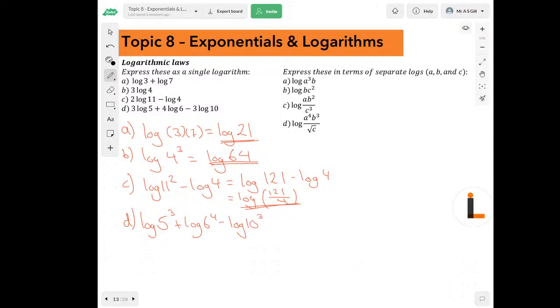So the first thing is to bring all of the coefficients of the log up and make them powers of the number. Then we want to find out these powers.